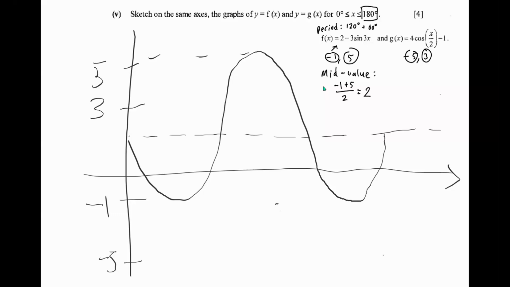Yeah, mid value -1. Label a 2 on the y-axis. Yep, good. And then the period is 720 for the full thing.